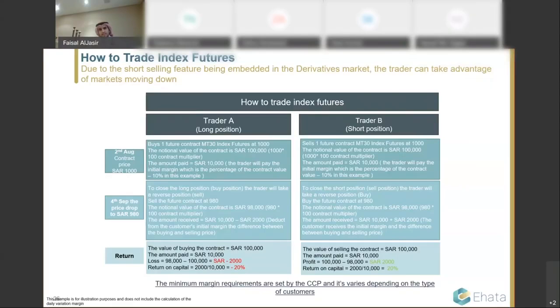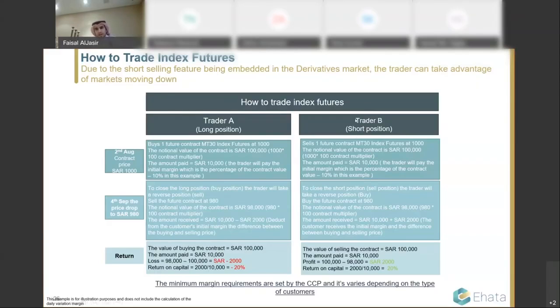So when you look at the return side, you would find that you have put 10,000 as an investment, and you have lost 2,000. And when you look at that as a return on capital, you would see that that constitutes a 20% loss.